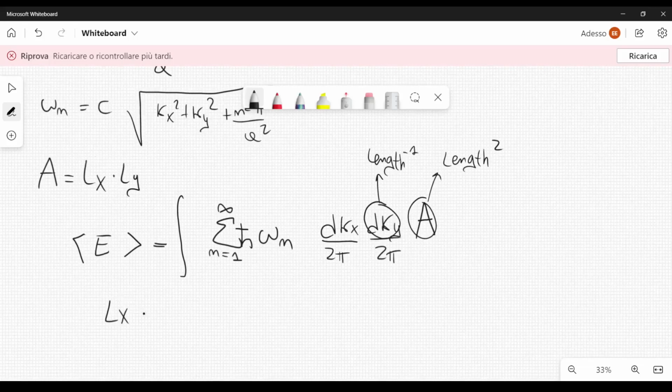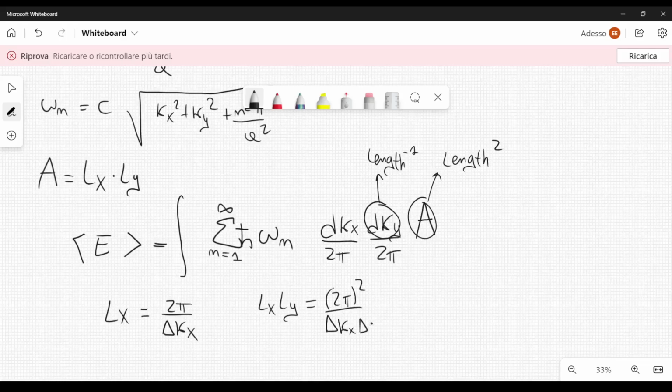And Lx is related to Kx because Lx can be written as 2 pi divided by the change in Kx. And similarly for Ly. So it means that Lx Ly, which is the area, can be written as 2 pi squared divided by delta Kx delta Ky, or if you want, 1 over Lx Ly is equal to delta Kx delta Ky over 2 pi squared.